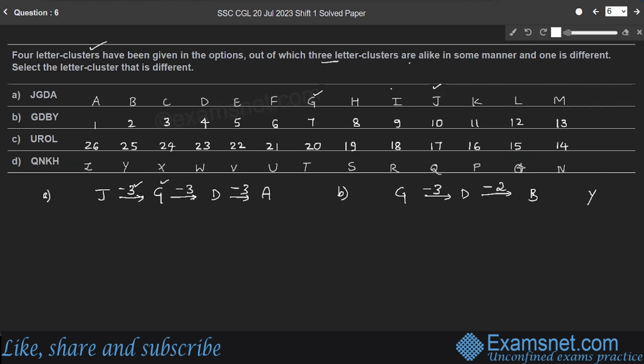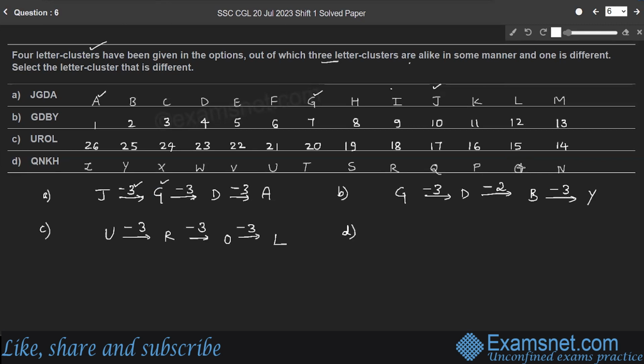Here 2 is subtracted from D. Whereas B minus 1 is A, minus 2 is Z, minus 3 is Y. The third cluster is UROL. U is 21, R is 18, so U minus 3 is R. O is 15, so R minus 3 is O. And L is 12, so O minus 3 is L.